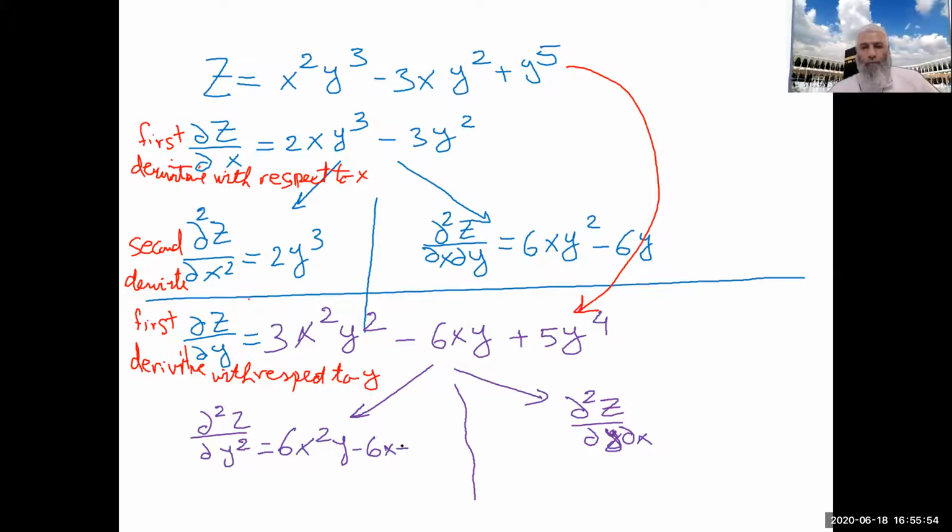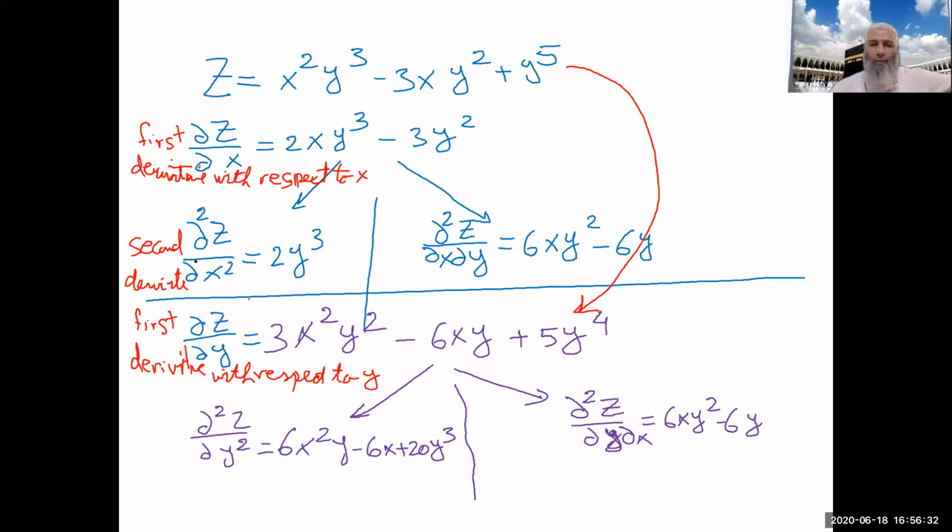Plus second derivative, it would be 20y cubed. Right. And here, what is the second derivative with respect to x? It would be 6xy squared minus 6y. Yes. Plus nothing. 0. Yes, 0. That's it. Okay. Yes.